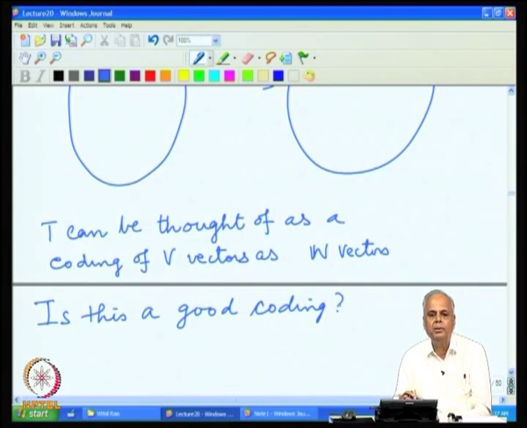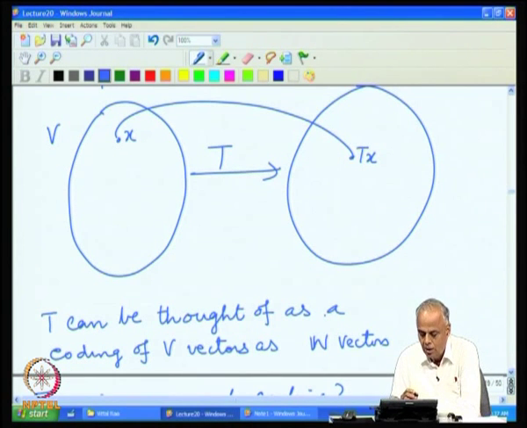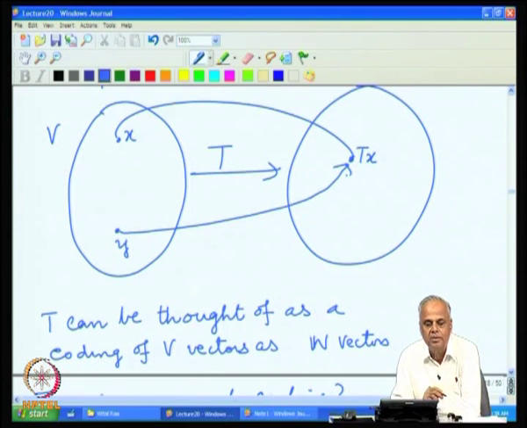What do we mean by saying that this is a good coding? Let us ask certain simple questions about this coding. Suppose I had a vector x which went to something here and a vector y which also went to the same thing, T y was also equal to T x.